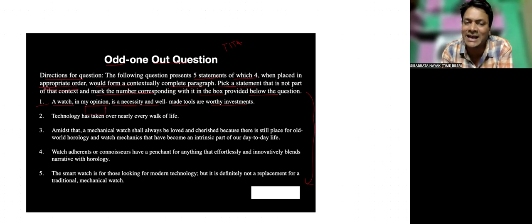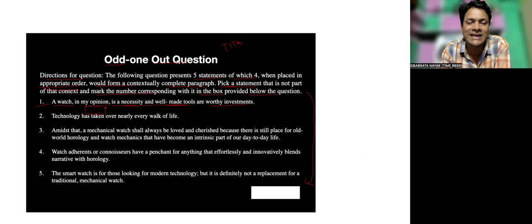Necessity means it is an essential item, and it is a well-made tool, right? If you invest in it, your investment has value, or you can say your investment is nothing but a useful one. So this one can be called the author's opinion, right?